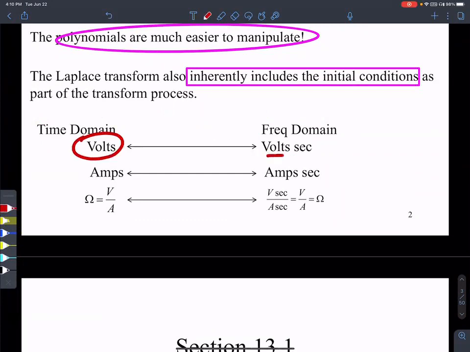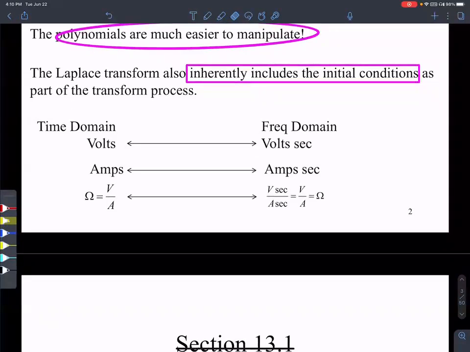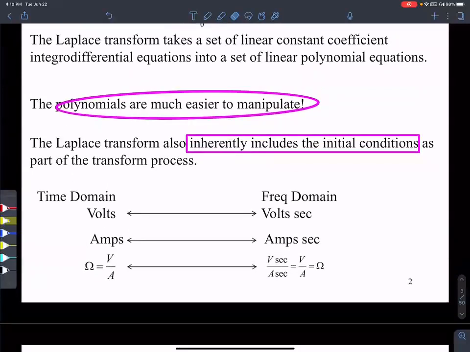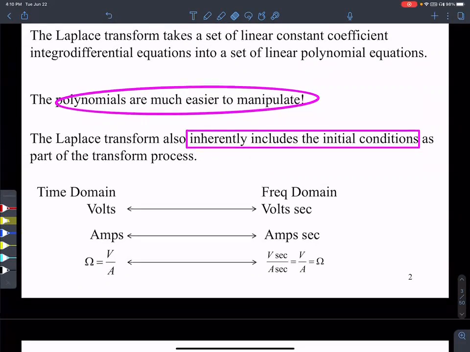Time domain volts, in frequency domain you have volt seconds, amperes converts to ampere seconds, ohms converts to ohms. That's something you want to have in the back of your mind, so you can do some quick sanity checks using the units in time domain and frequency domain.